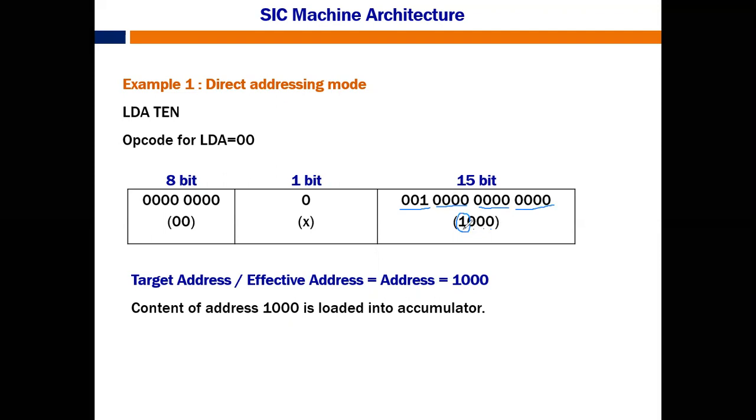How do you represent 1 in binary in 3 bits? It is 001. And 0 is represented in 4 bits as 0000, similarly for the rest. The target address is nothing but the address of the operand itself. What is the address of the operand? 1000, a hexadecimal number. So the contents of address 1000 will be loaded into the accumulator. This is what it means.